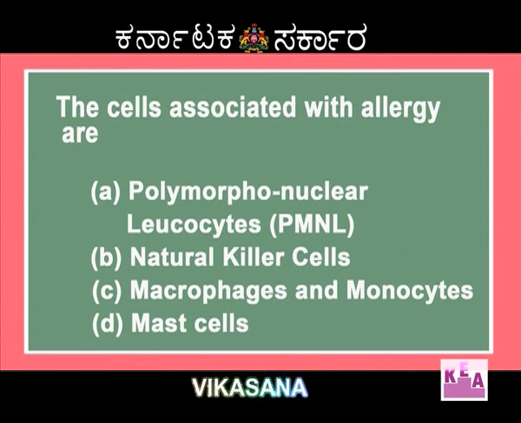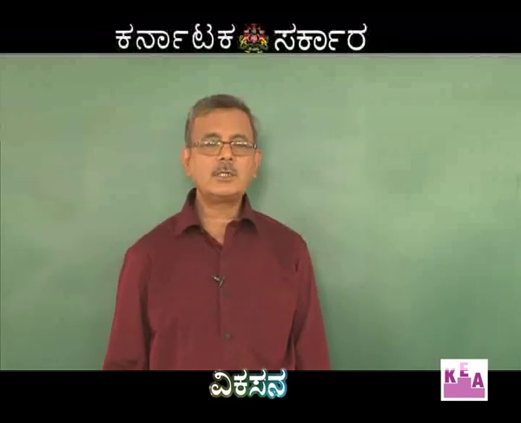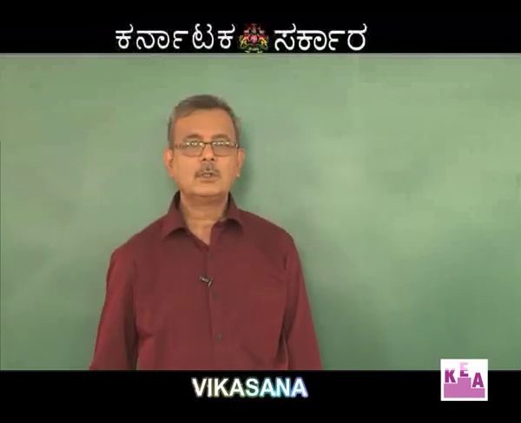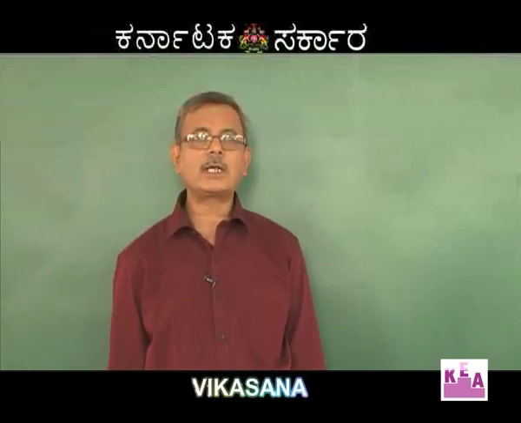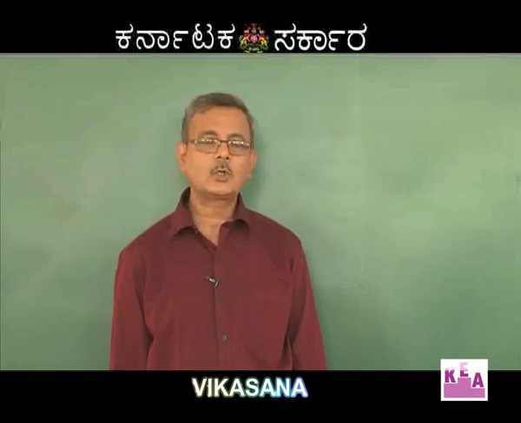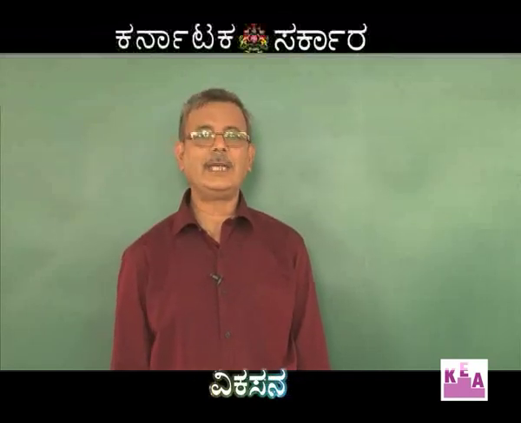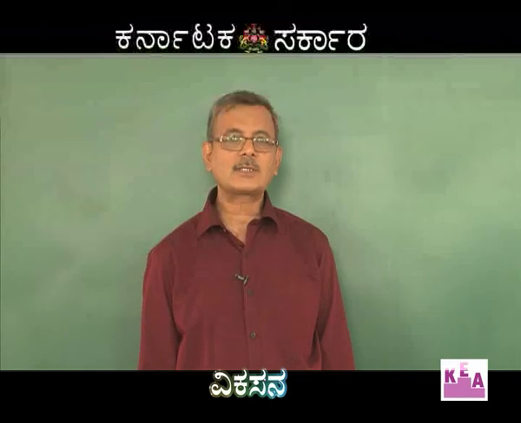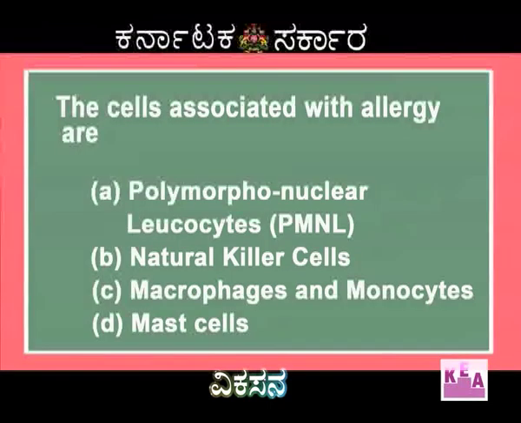The question is the cells associated with allergy. What is allergy? Allergy refers to the severe inflammatory response of the body to certain foreign agents, what we call as allergens.